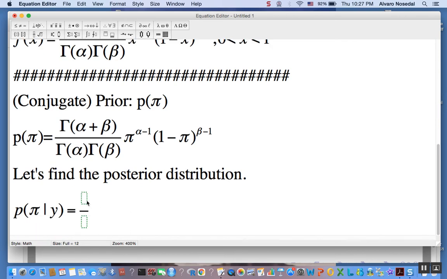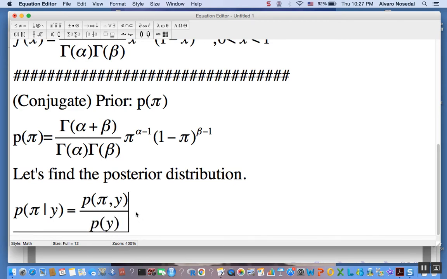Using the definition of a conditional probability, we can rewrite that as joint divided by marginal.